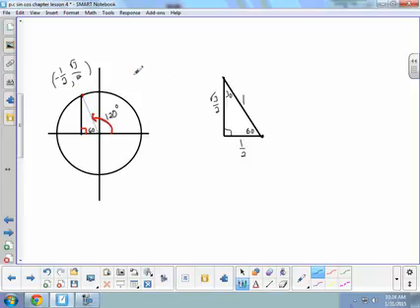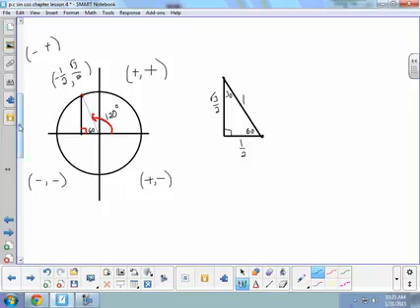If you have a hard time remembering that, think of ordered pairs as quadrants. They're always going to be positive, positive here, negative, positive in your second quadrant, negative, negative in your third quadrant, and positive, negative in your fourth quadrant.